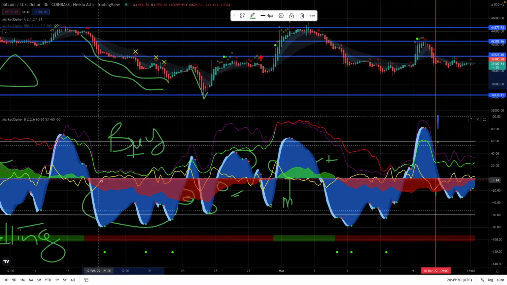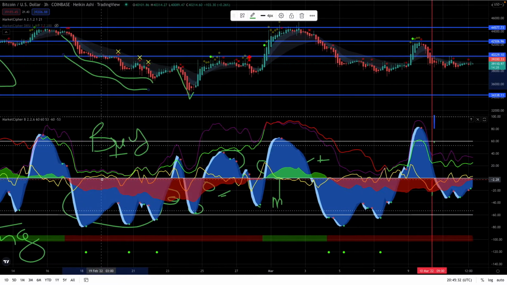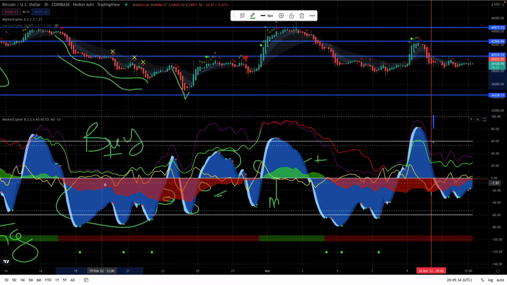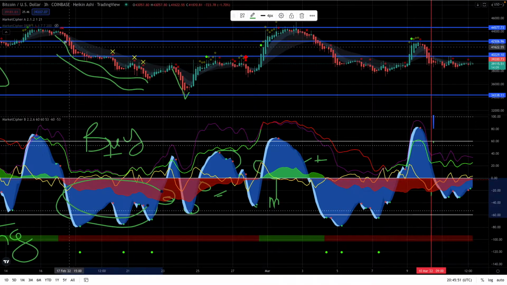And our VWAP, which is another oscillator, the yellow one, spent a decent amount of time in the negative territories. Like I said, it goes up then comes down. So we had basically three of our most influential oscillators in the negatives. So evidently price fell.